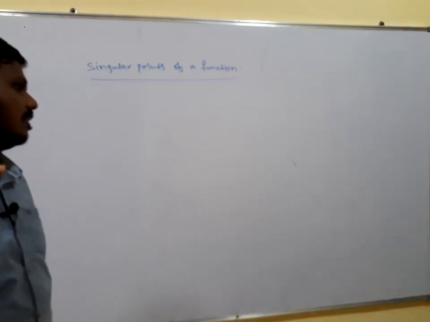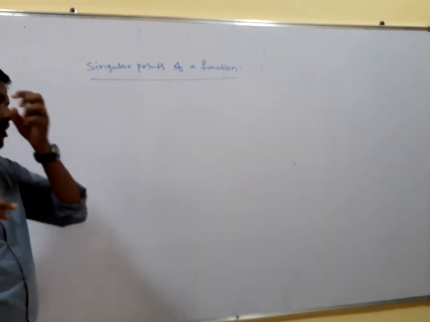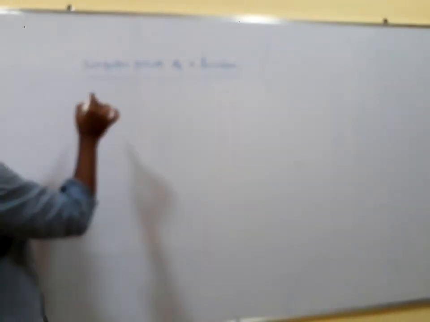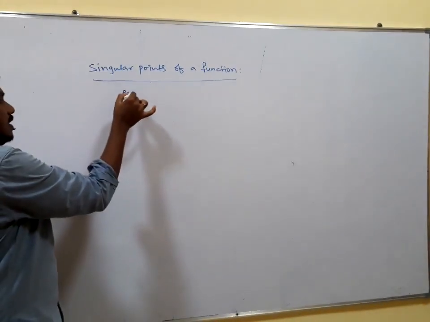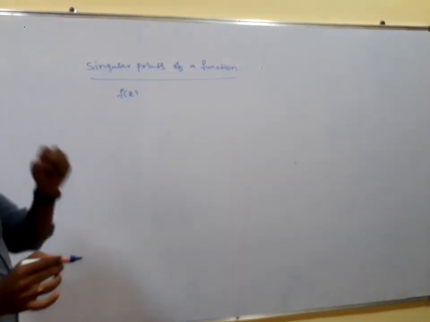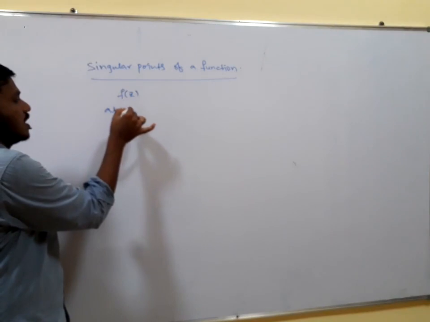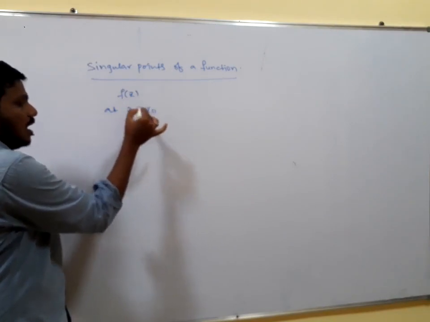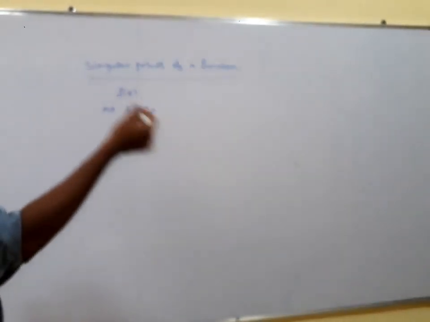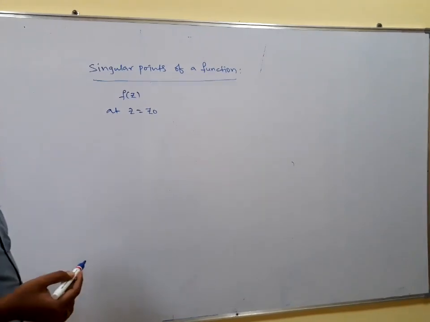Right, next, a very important definition: singular points of a function. Let f of z be a complex valued function. At z equals z naught, at any complex number z naught, we already defined singular points in the previous sessions also.